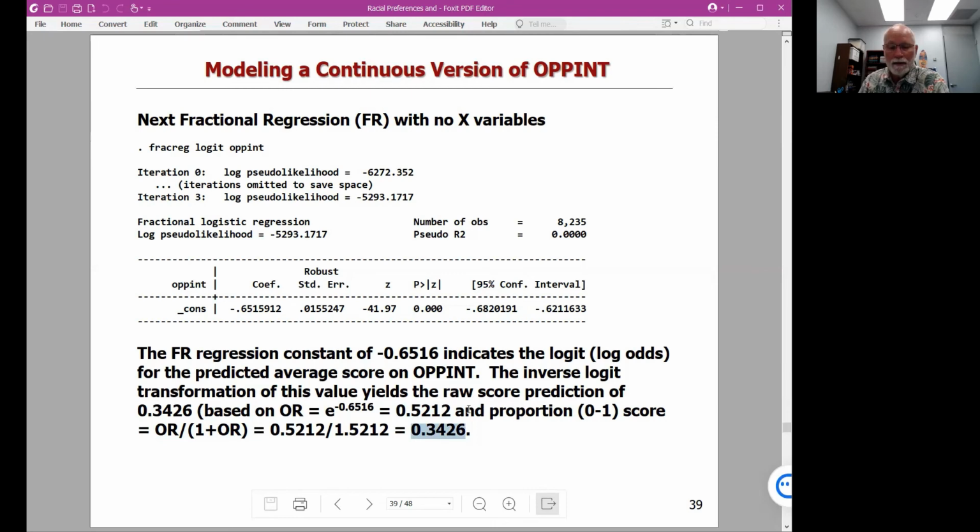And what the fractional regression has produced here is a prediction of 0.34 for the mean of the variable that scored 0 to 1 with continuous measures. So 0.34 is actually a possible value. So it's not the odds ratio of being a 1 or a 0. It's the actual predicted value. On this measure, you can take a value of 0.34, and that is the predicted mean for people in this sample.